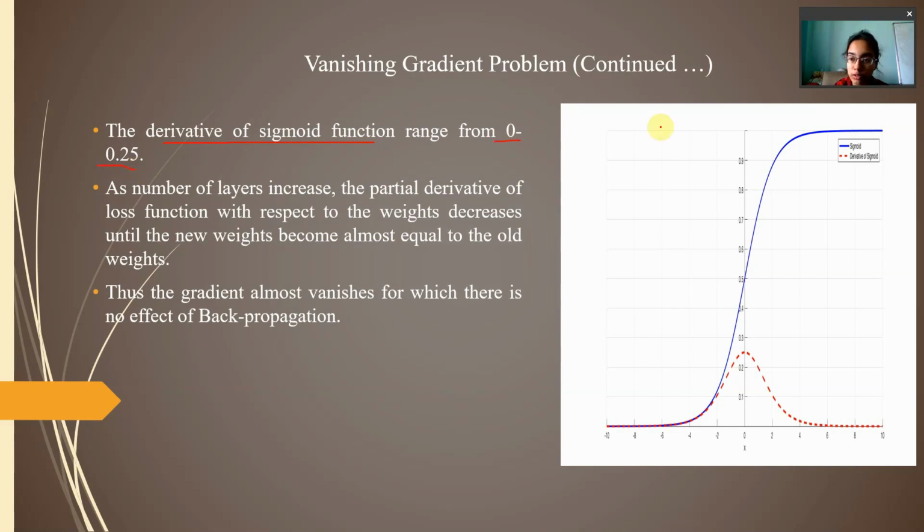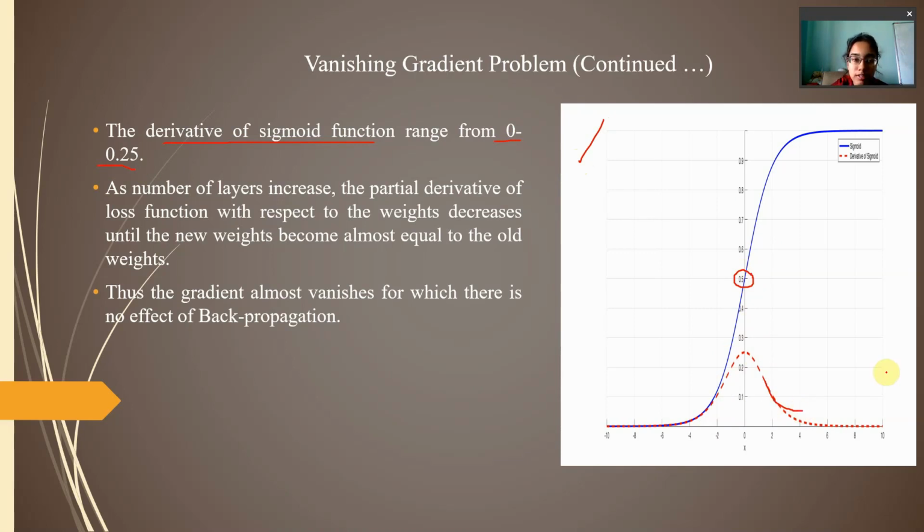This is the graph of the sigmoid function. Here 0.5 is the threshold. Above 0.5 the output will be 1, and below 0.5 the output will be 0, and this is the derivative of the function.